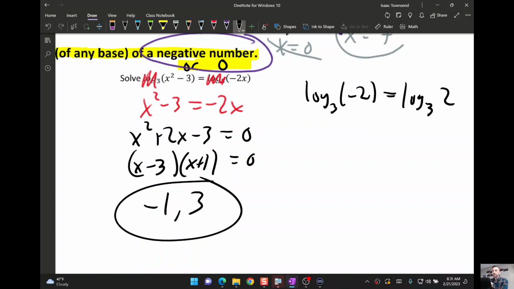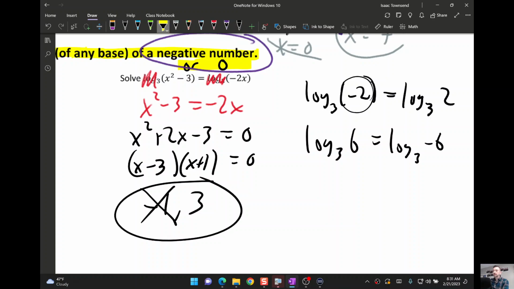Well, that doesn't work anyway. Oh, yeah, because you can't take the log of a negative. So this is extraneous. But also, if I plugged in 3, 9 minus 3 would be 6. Plug in 6 here. Can't take the log of a negative. Both of those were extraneous. So this had no solutions.